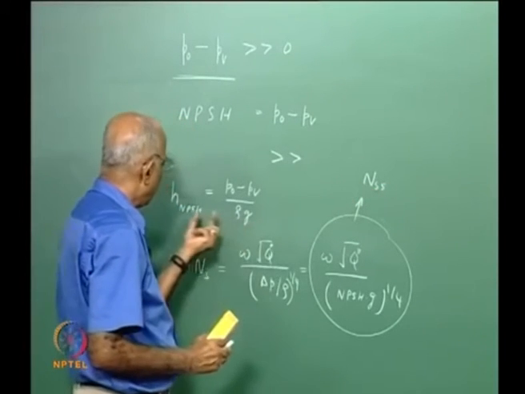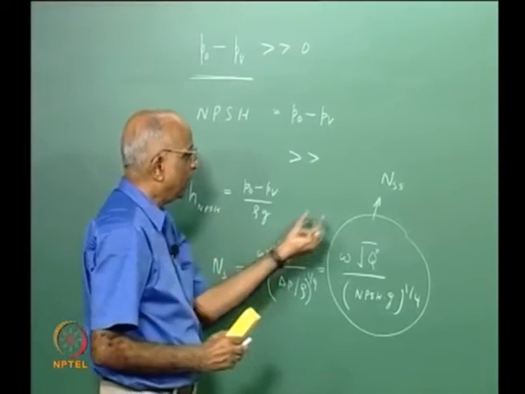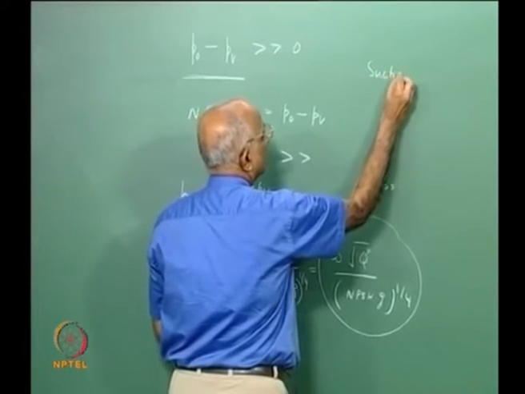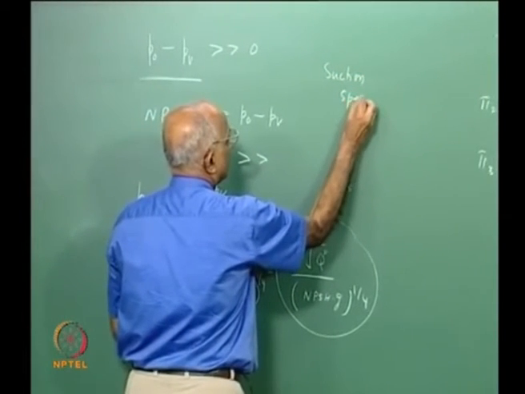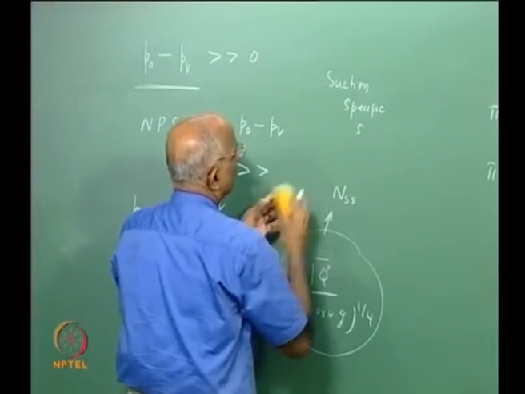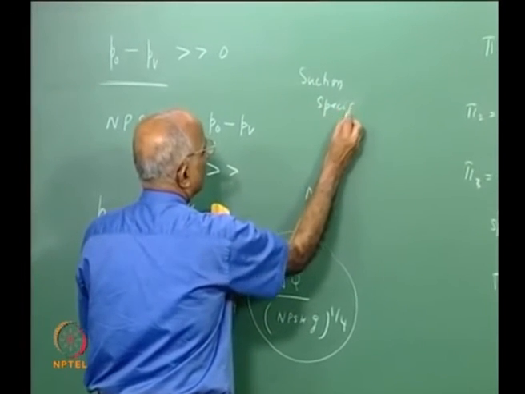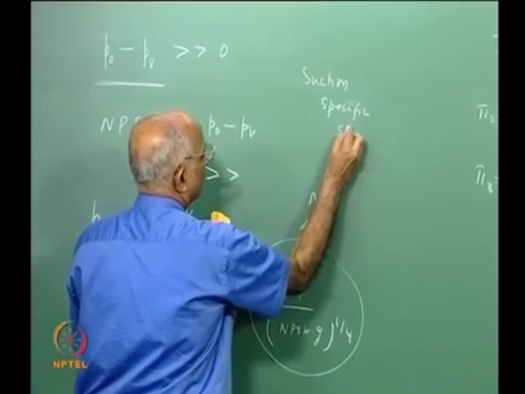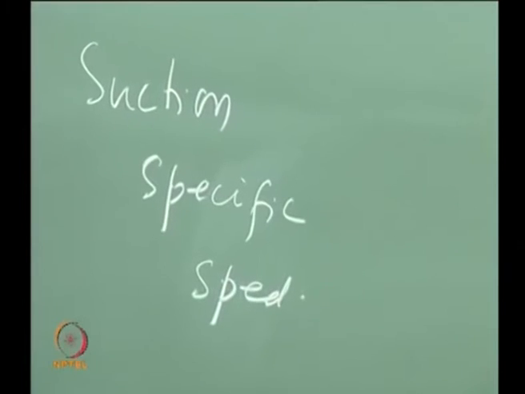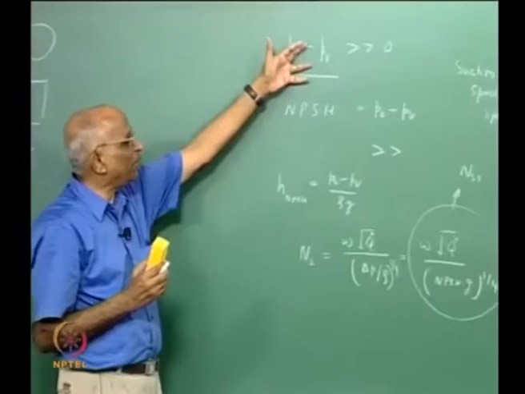We call it, instead of writing it as NS, which was the specific speed, we say suction specific speed, NSS. Now, all what I am trying to say is cavitation is an important parameter.